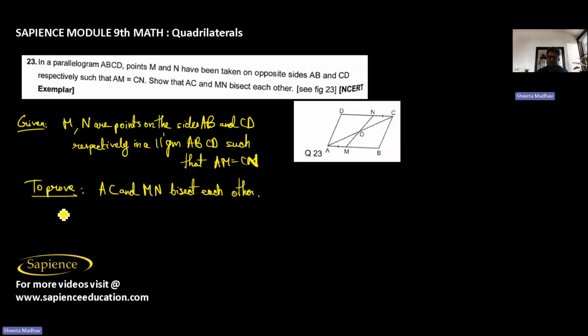Then the proof is: in triangle AOM and triangle CON, AM equals CN is given.